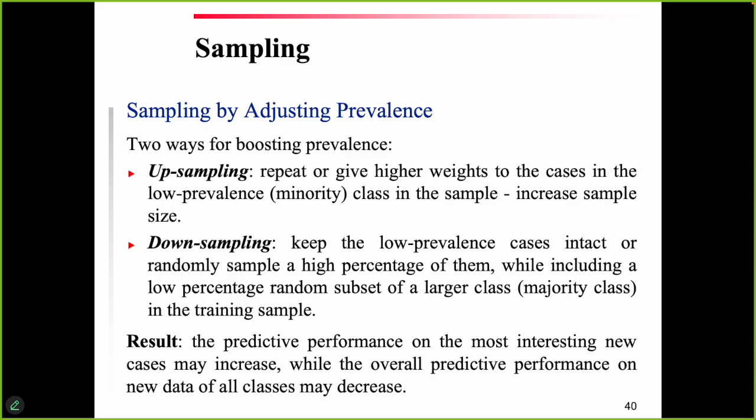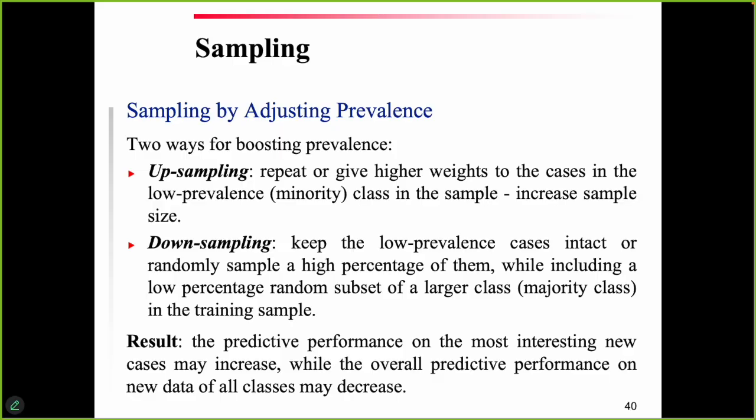For example, if only 1% or 2% of your data belongs to a specific class label which is important for you, we call it a minority class. What you can do is use upsampling, which means that you repeat those cases or you give higher weights in your model to the cases belonging to this class. Or you can do downsampling. You may also see these called oversampling and undersampling. So oversampling is similar to upsampling.